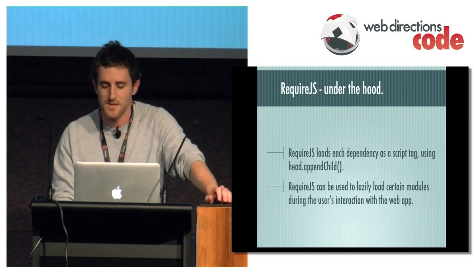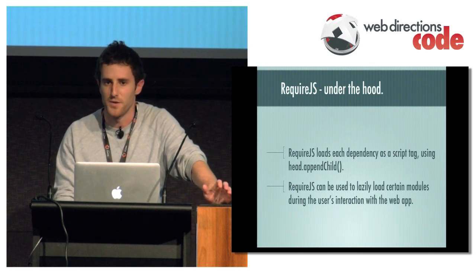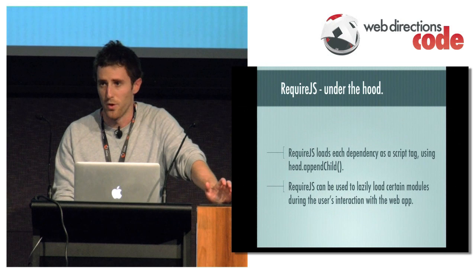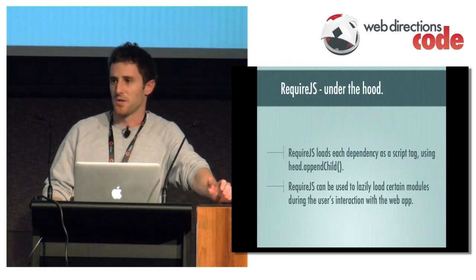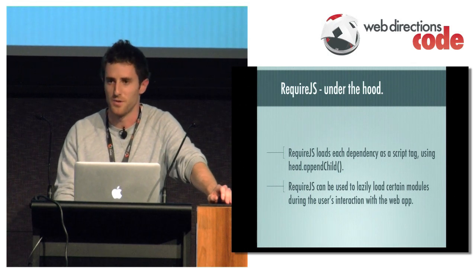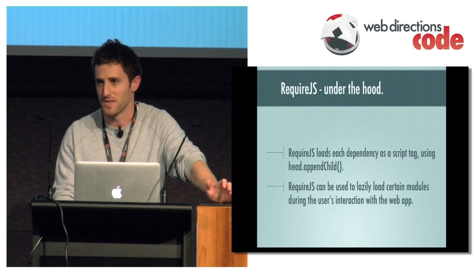Which is cool because it means you can have an area of your web app like the FAQs page or the report a bug page, which no one ever goes to because your app's so awesome. So you just exclude a whole chunk of functionality in modules and only load those when that part of your site is ever hit up.